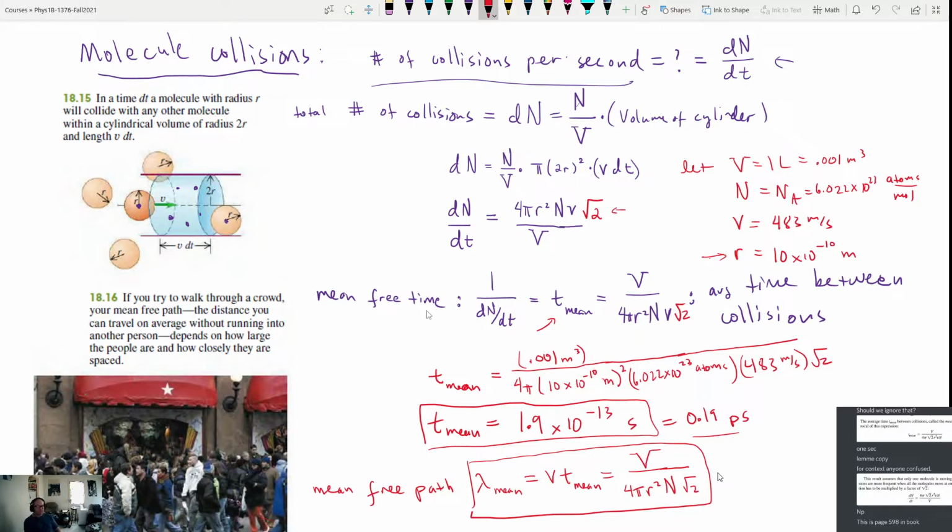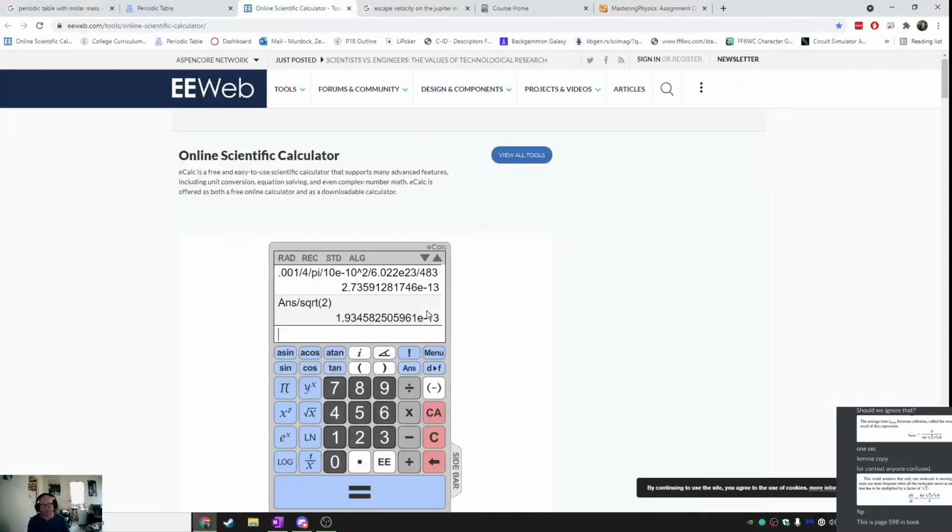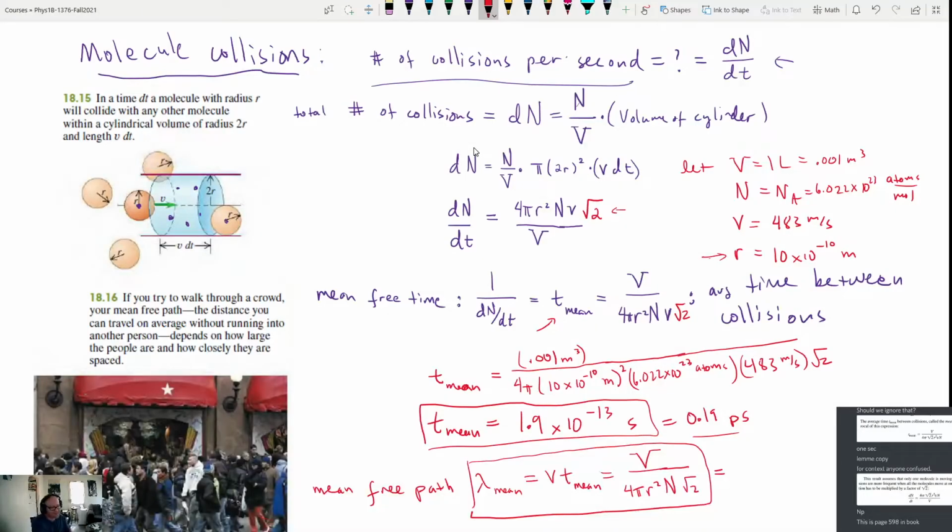If we wanted to use the values that we have right here and find mean free path, all we would need to do is take our answer and multiply by the velocity that we used, which was 483, and we get a mean free path of 9.3 times 10 to the minus 11, a really tiny number, obviously. It shouldn't be too surprising that they don't have to travel far before colliding with other molecules.